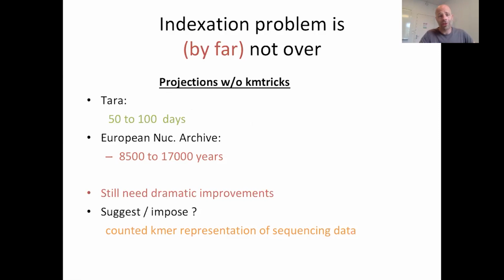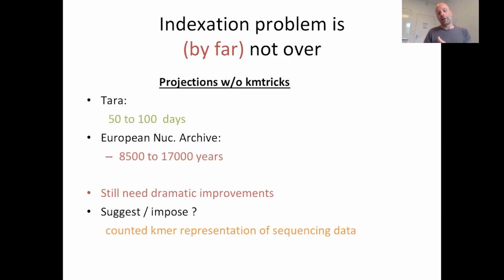But now, if you look to the whole European Nucleotide Archive, maybe most of us will be dead when this is over, because it would need 1,000 years with those current approaches to index this whole data set.